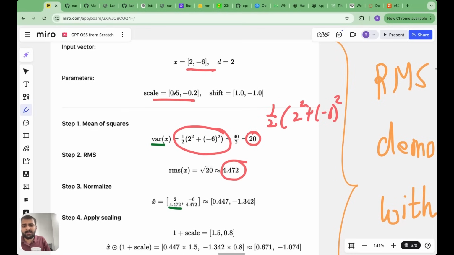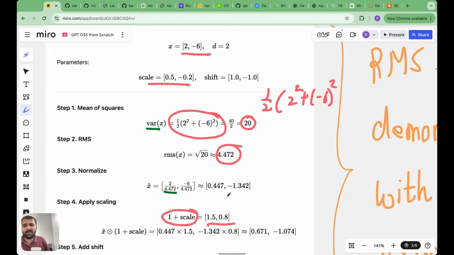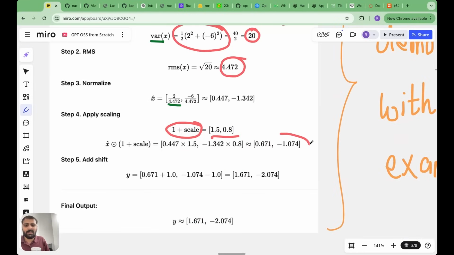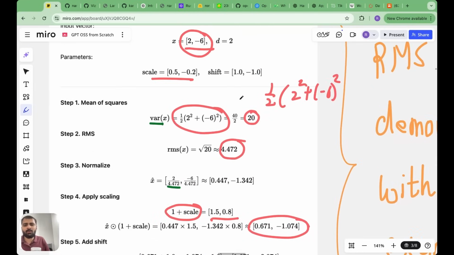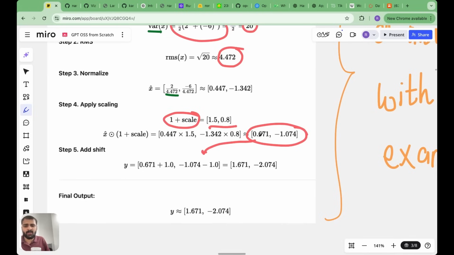So if the scale parameter is 0.5 and minus 0.2, you first add 1 to this, so it will be 1.5 and 0.8. Then you multiply the vector element wise with the scale value. And then you can also add a shift parameter, which is also added element wise. And then you get the final answer.